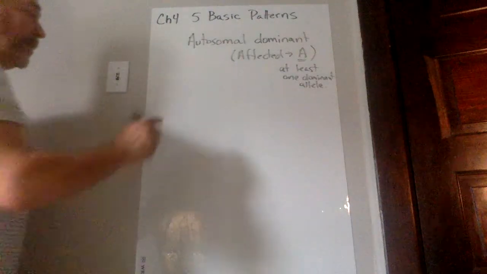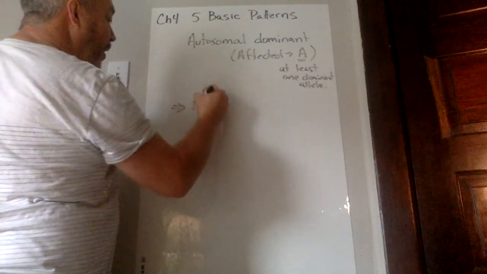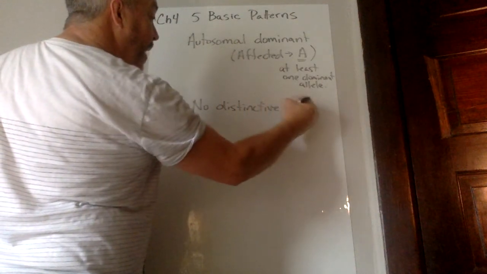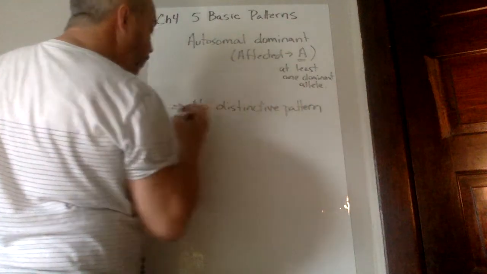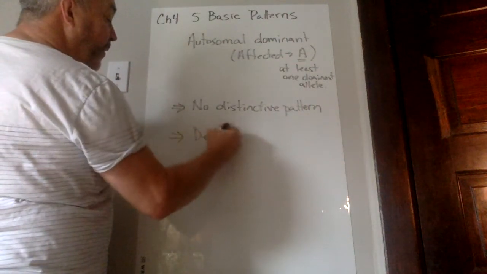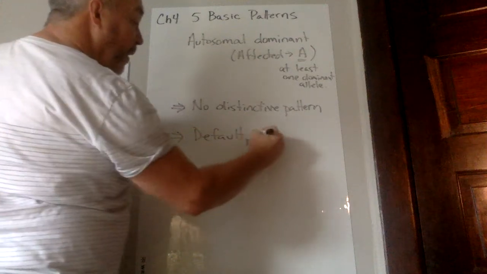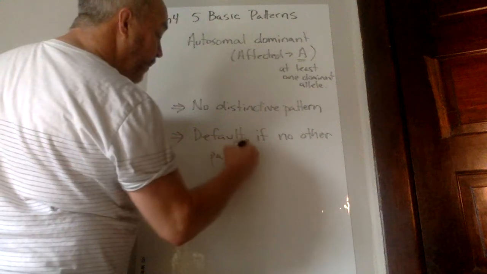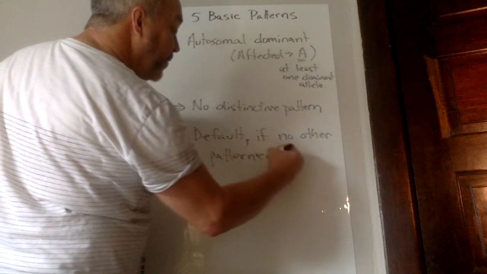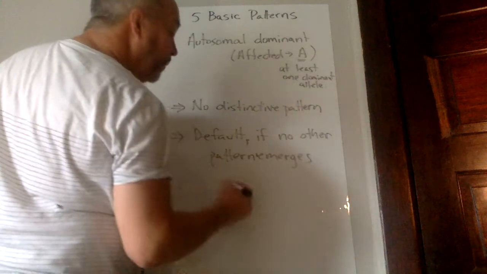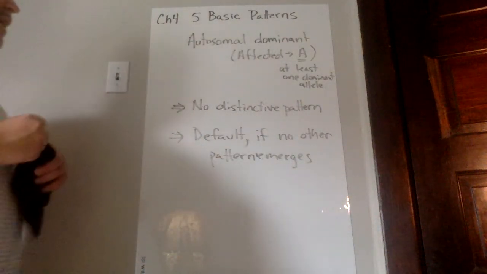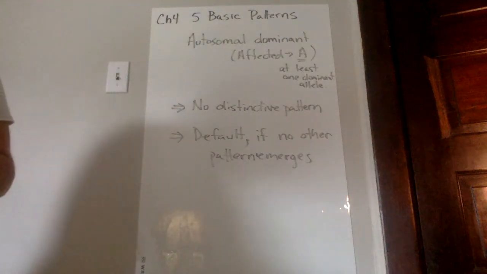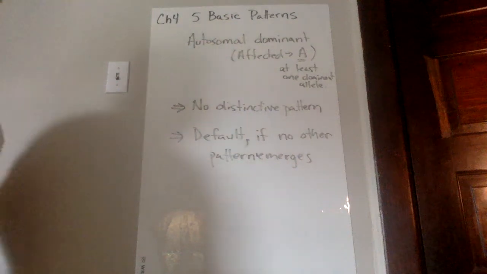And the key to this one is no distinctive pattern. This is the default. If no other pattern emerges in any of the previous four, then we're going to just say it is autosomal dominant. Those are your 5 basic traits, and those are your 5 basic patterns in the pedigree.